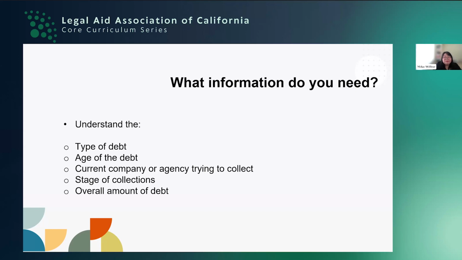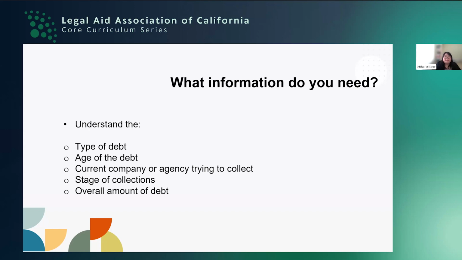So the type of the debt, Barak talked about before: generally with credit cards, you're looking at a 4-year statute of limitations. With auto deficiency balances, which is the balance remaining after they repossess the car and sell it, you may have additional protections through the Rees-Levering Act and the Commercial Code.